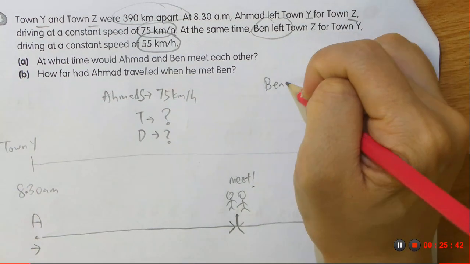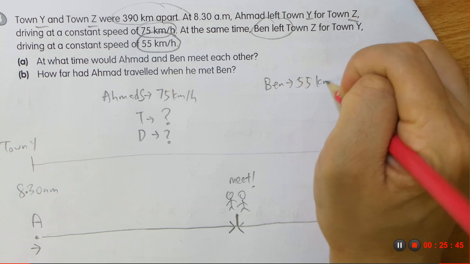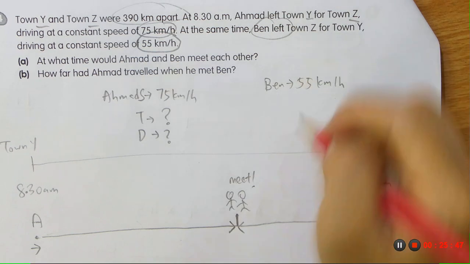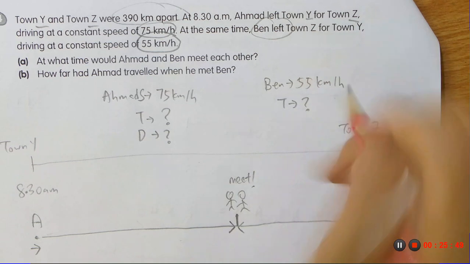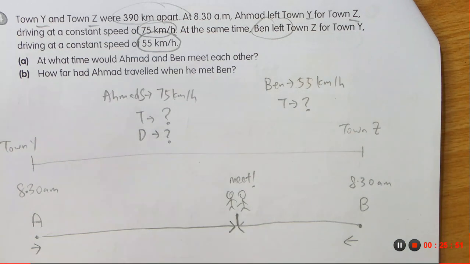Ben is 55 kilometers per hour, and the time that he's taking is also unknown. You don't know how long they're going to travel until they meet. The question asks, what time will they meet? How do you know?